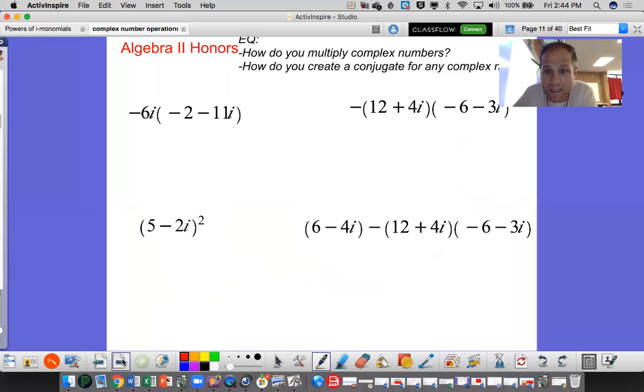I want you to try these 4 questions in your notebook. Pause it, try it. Even if you do one at a time and check your math, come back, go ahead, do it, pause it.